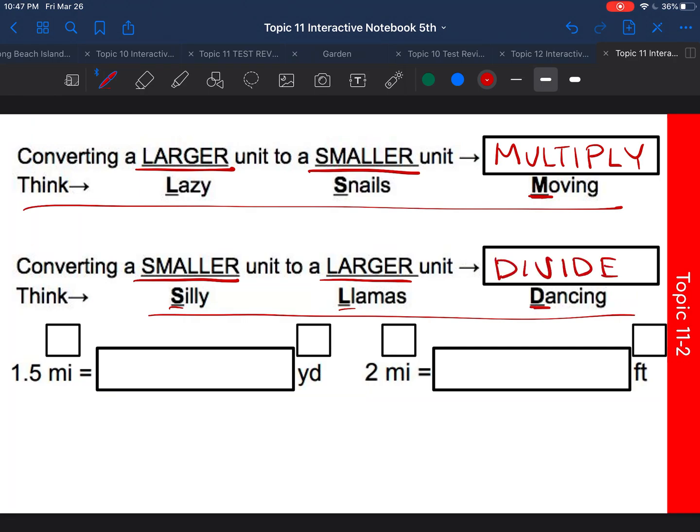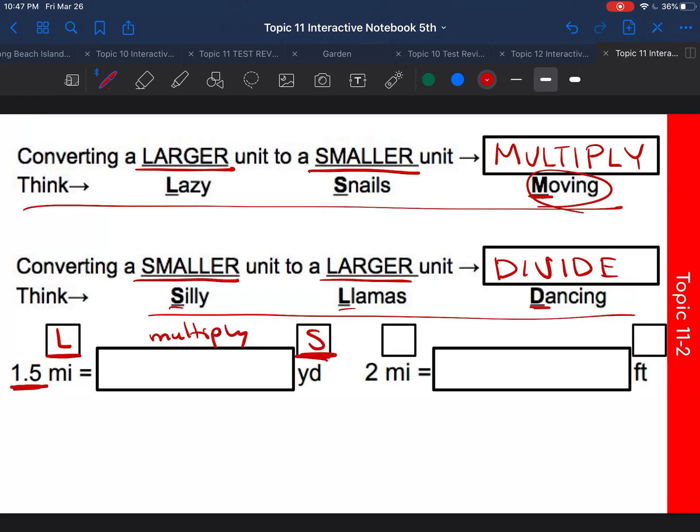So let's look at this first problem. 1.5 miles equals how many yards? Well, let's look at this right now. What is larger, miles or yards? Miles is larger, yards is smaller. So lazy snails moving, we're going to multiply.